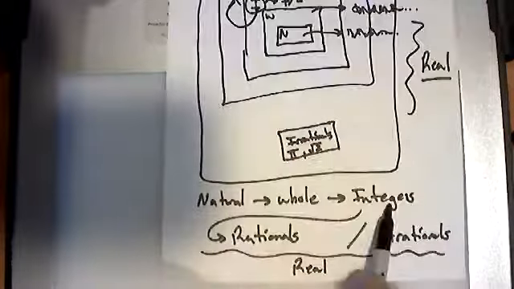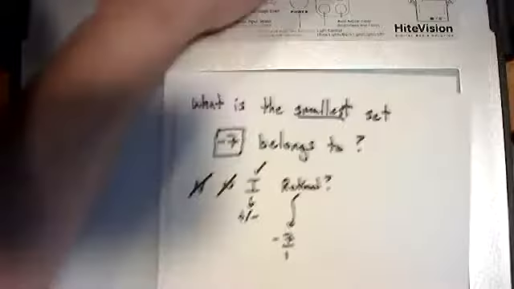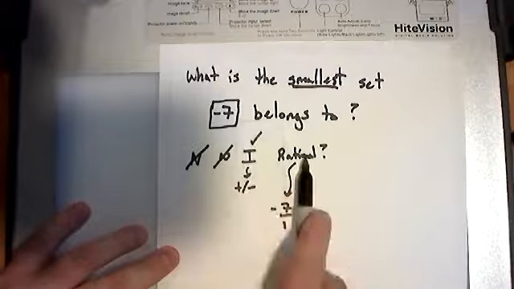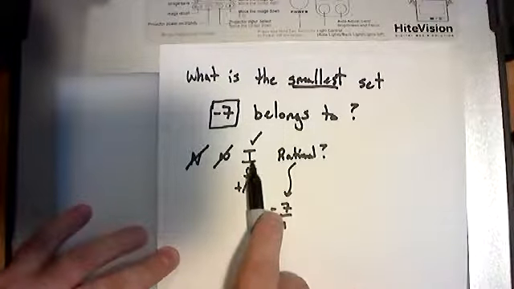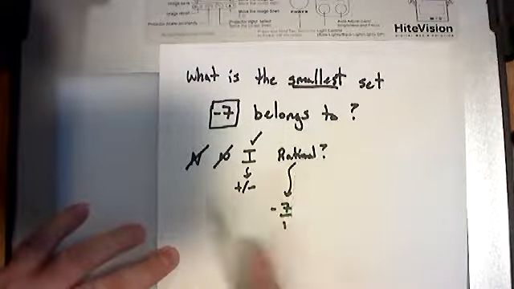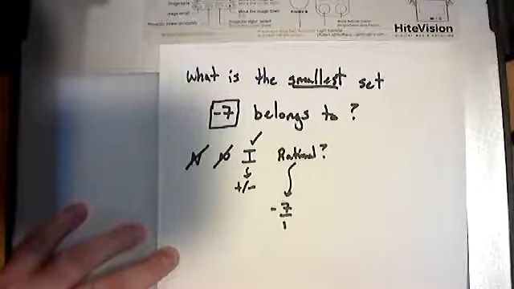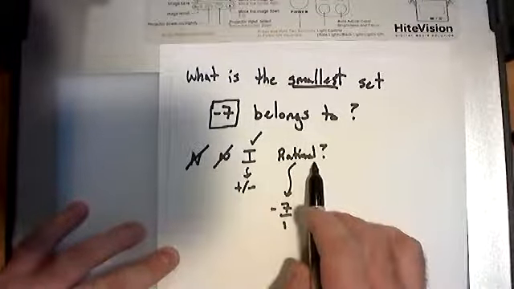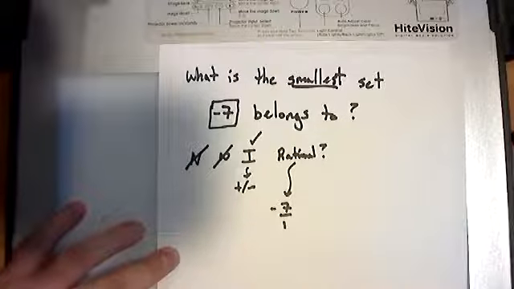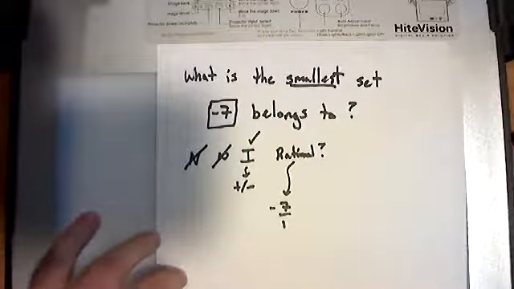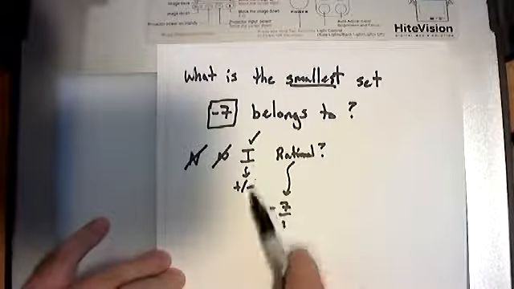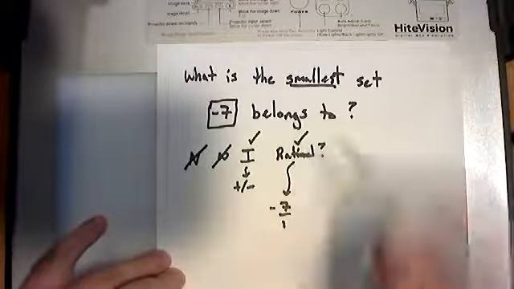Didn't we say that the integers are inside of the rational numbers? So when you start asking about a number like -7, and you say, is -7 rational? Well, you said it's an integer, and the integers are inside of the rationals. So think about that kind of containment, right? It is an integer. All the integers are in the rational numbers. So by that definition, it is rational as well. So you can use the containment argument. The integers are inside of the rationals. That's an integer. So therefore, it is also rational.